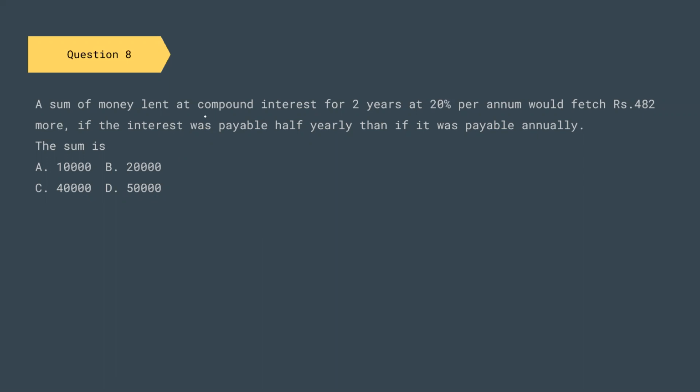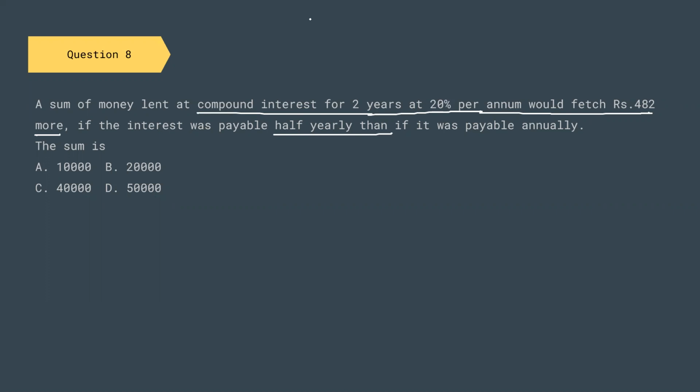The sum of money lent at a compound interest for 2 years at 20% per annum would fetch rupees 482 more if the interest was payable half yearly than it is if it was payable annually. So there are ways of compounding the interest. Either the rate of interest can be compounded yearly, or half yearly.